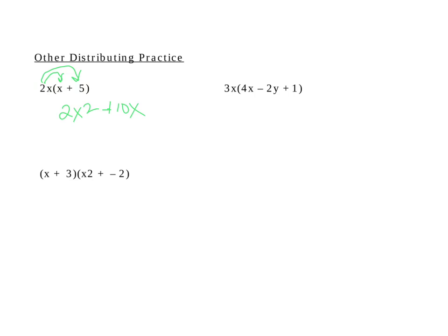I can't simplify that anymore. I have 2x squareds and I have 10x's. Remember, you cannot add x's to x squareds. I couldn't, for instance, make that 12x squared or 12x. These are two different things. This is x squared and this is x.